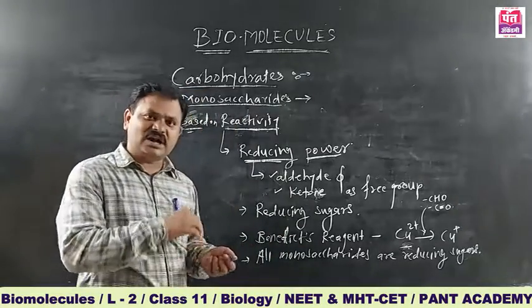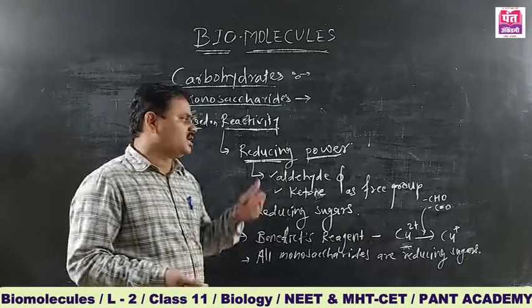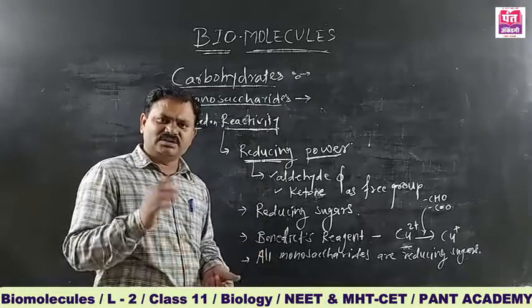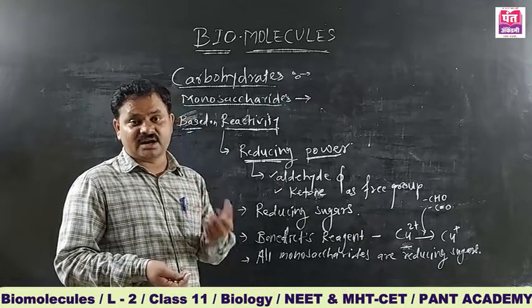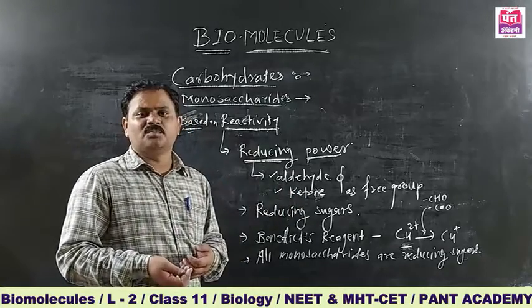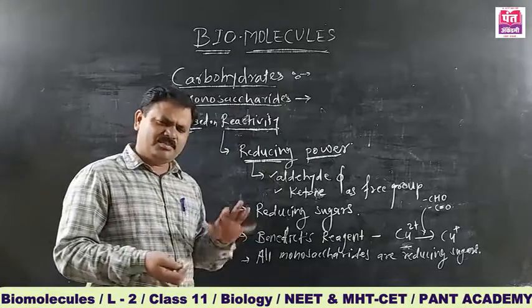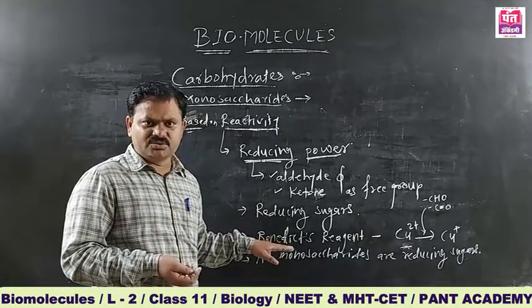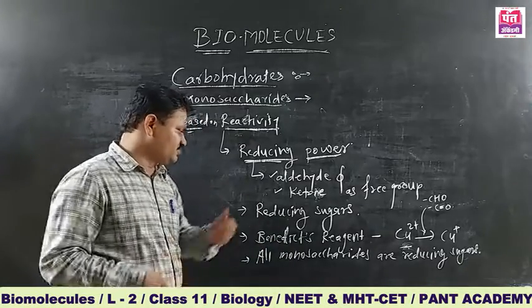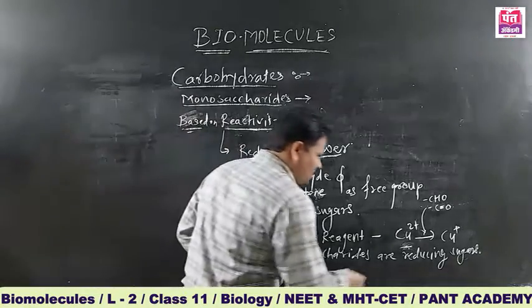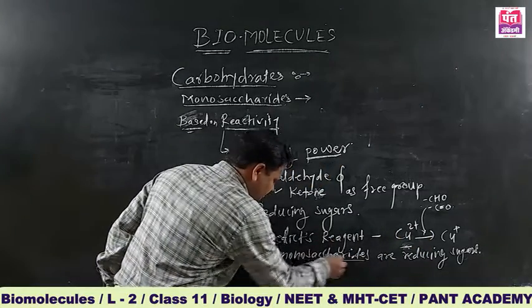But when we think of the other criteria for the reducing sugar, then in the further classification, that is disaccharides, trisaccharides, or polysaccharides, those may or may not be reducing sugars, but all different kinds of monosaccharides are reducing sugars.